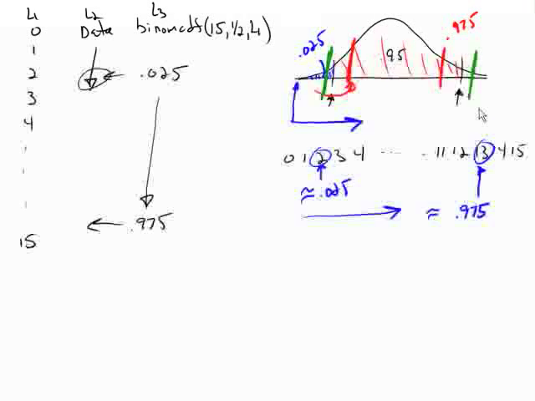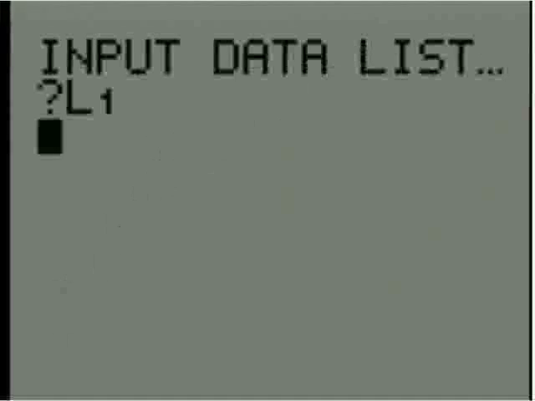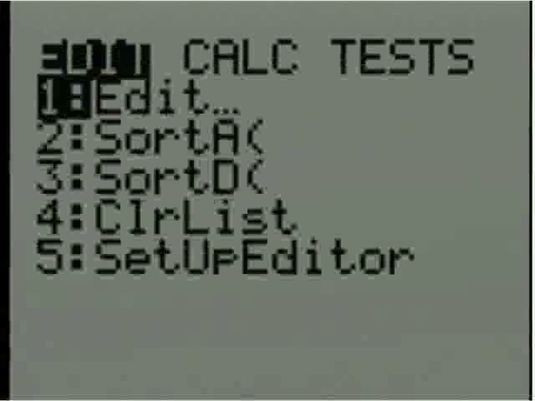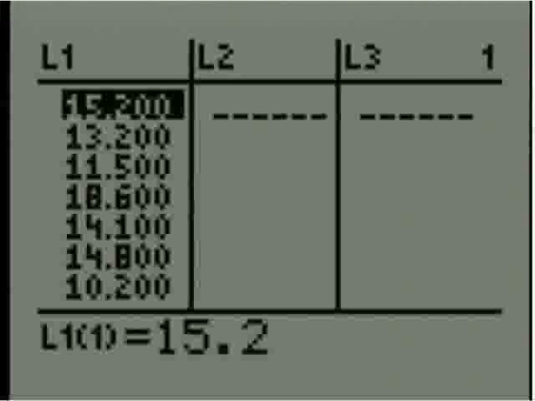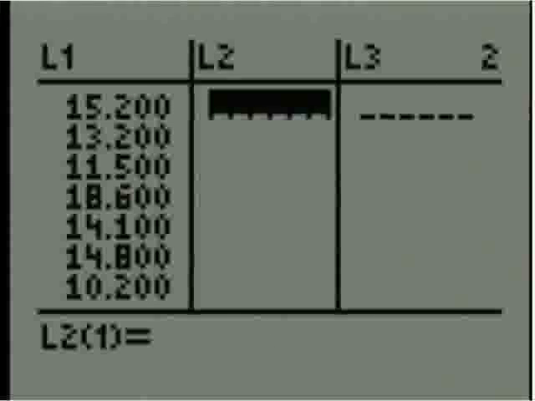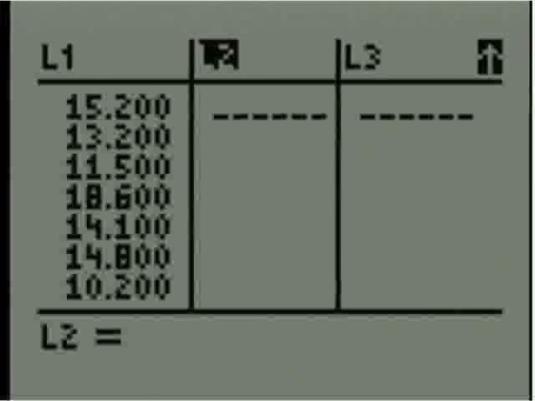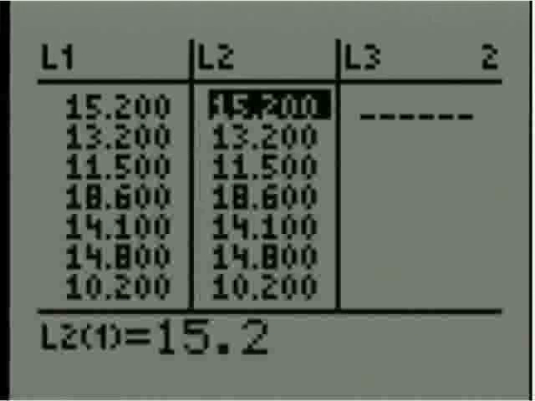All right, let's go ahead and switch to the calculator. And there's my data. Matter of fact, I'm going to copy my data. Just type L1 here, I copy my data into L2.